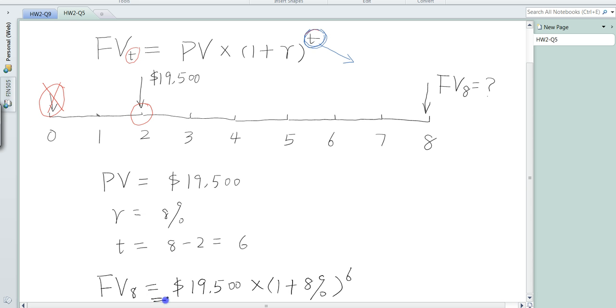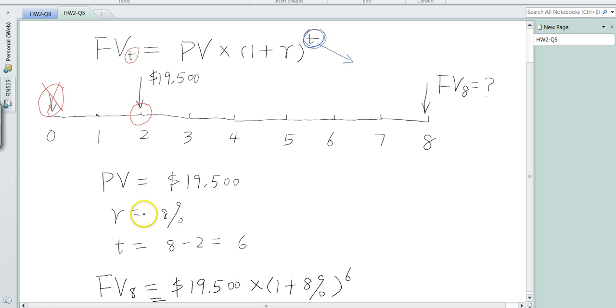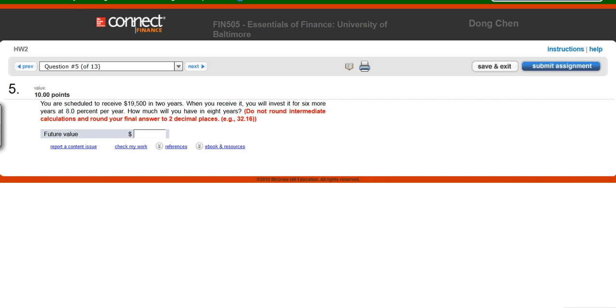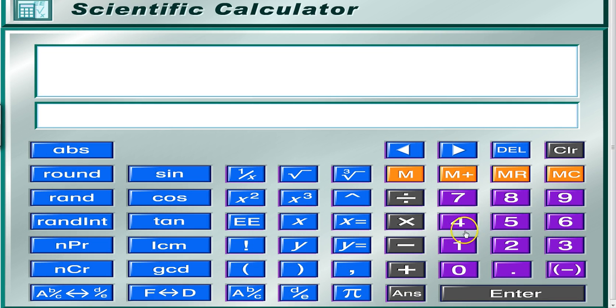Now I need a calculator. Let's put the numbers into the calculator. It's 19,500 times left parenthesis 1 plus 8.